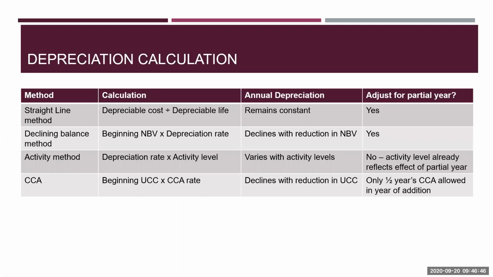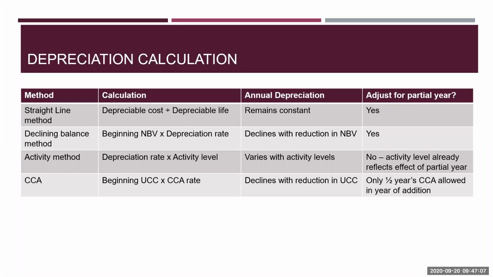This is a quick rundown summary on all of the methods that are available. So we have our straight line method, your declining balance and activity method. The first three methods are what are used from the accounting perspective, and the CCA method, which is the capital cost allowance method, is used by Canada Revenue Agency.